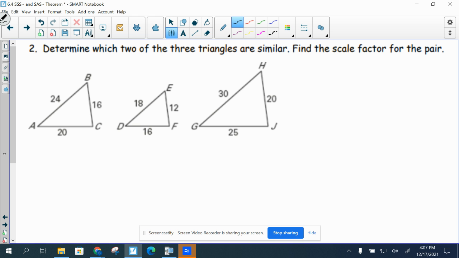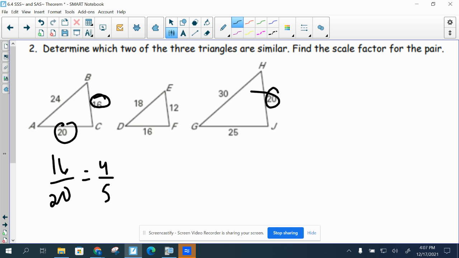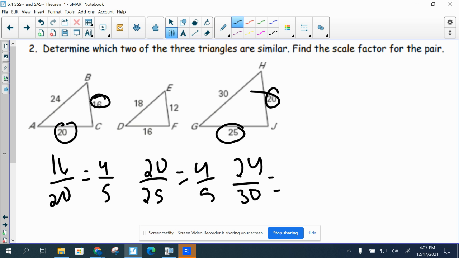Again, I'm going to start with my smallest side. So we'll go 16 to 20, and that gives me 4/5. Then I'm going to check 20 to 25, because that's the next shortest side length. That gives me 4/5. And then the longest side is 24 to 30, both divisible by 6, which gives me 4/5.